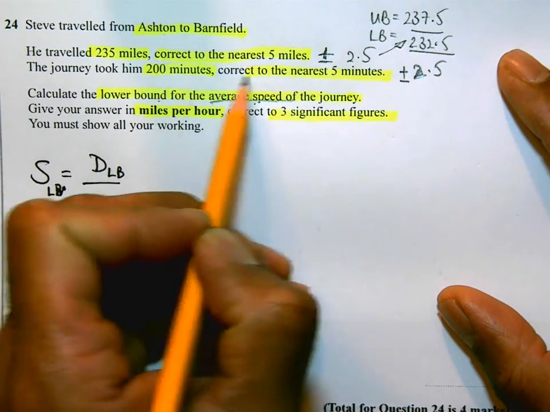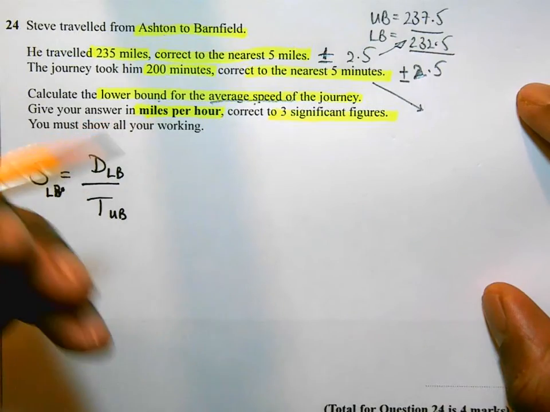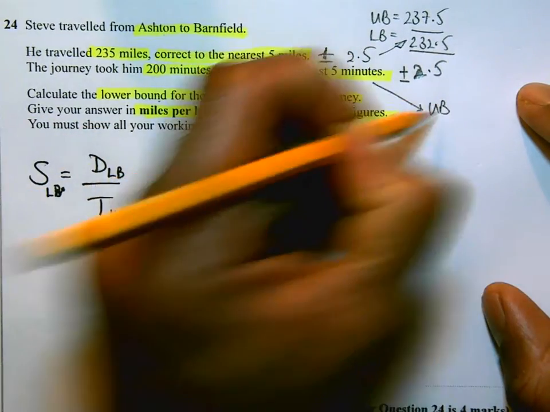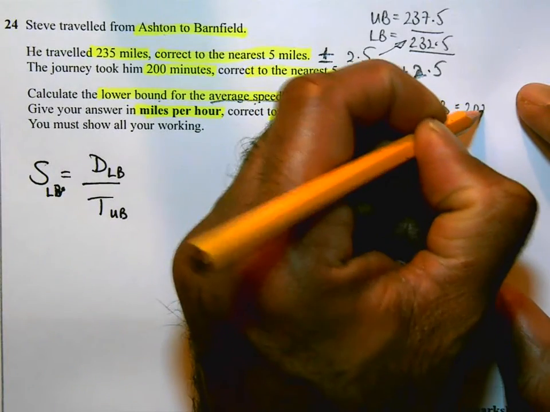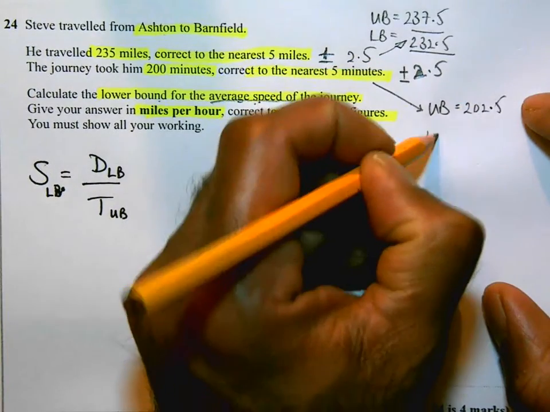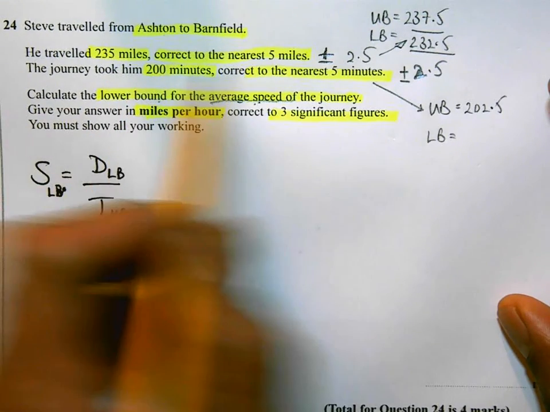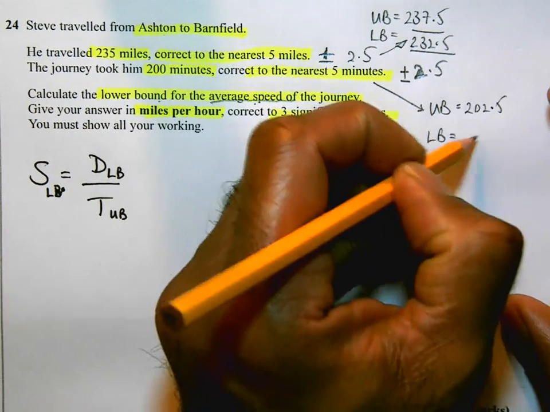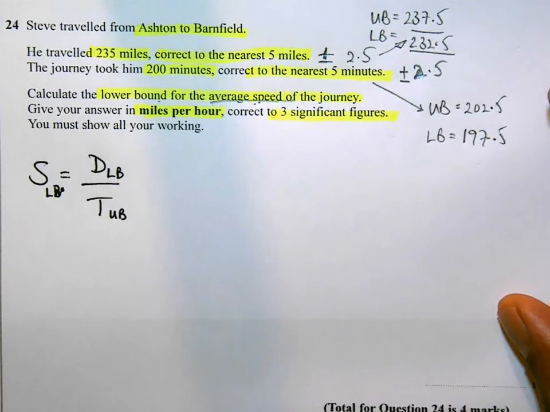You can use your calculator to help you find this. The time, I'll write those down here. His upper bound time is going to be 200 minutes plus 2.5, which is 202.5, and his lower bound time is going to be 200 take away 2.5, which is 197.5. And again, you can use your calculator to work those out.